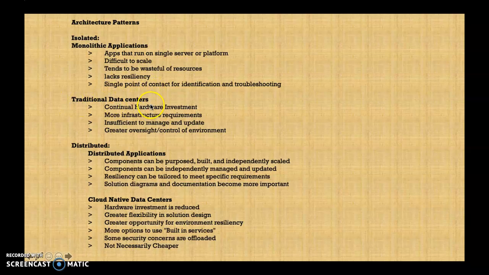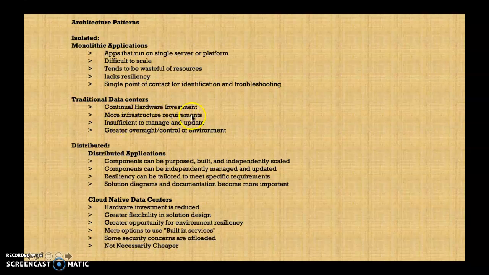And another one is traditional data centers, where you are using the same old hardware, you need to change it, for example, or it's not working anymore. Then infrastructure requirements are more, and this hardware can be leveraged when you go for the next implementation in planning your architecture.